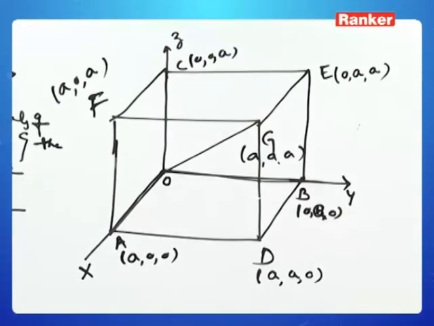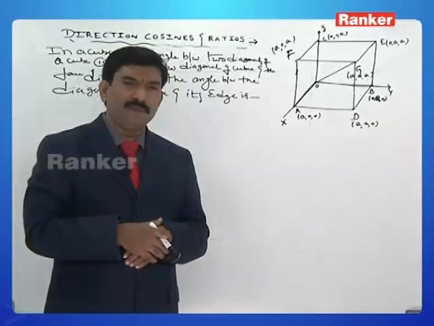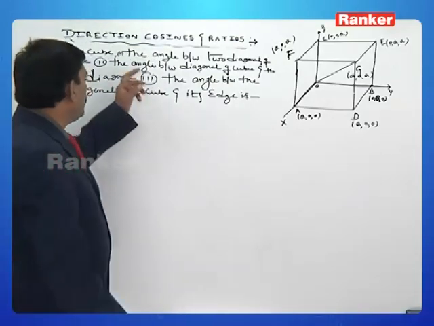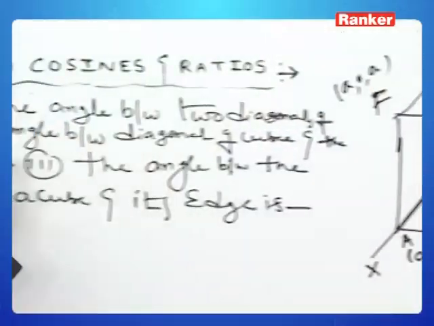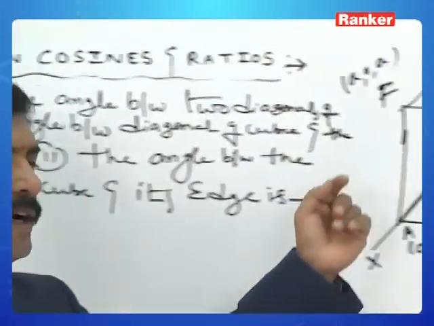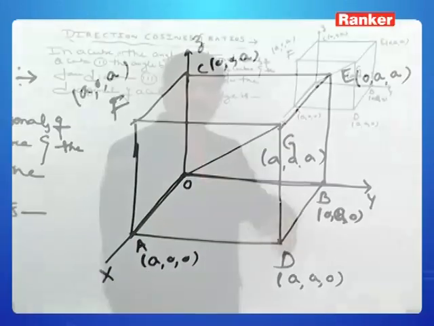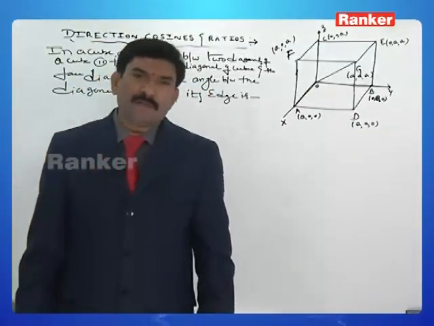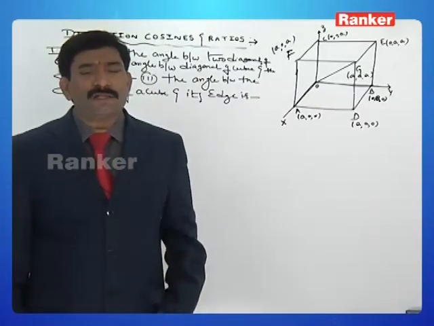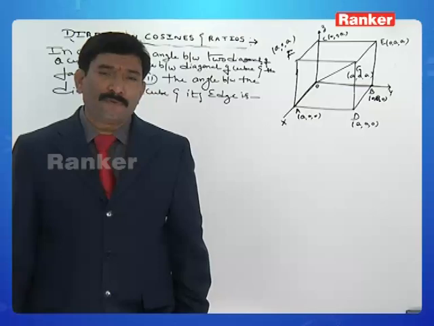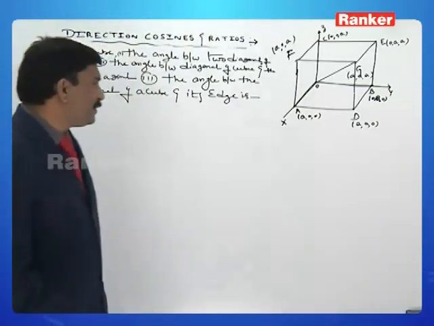Now I am supposed to find out, the very first question, the angle between two diagonals of a cube. Let us consider the two diagonals as OG and AE. Let us find out the direction ratios of the two diagonals.